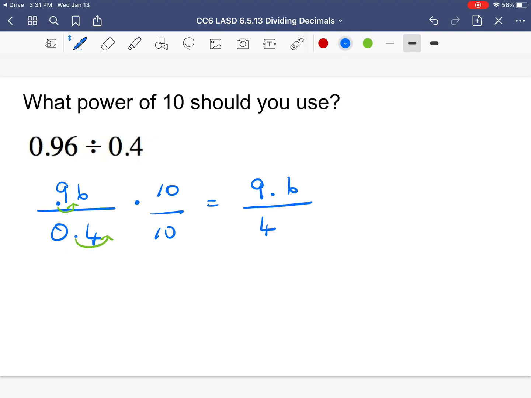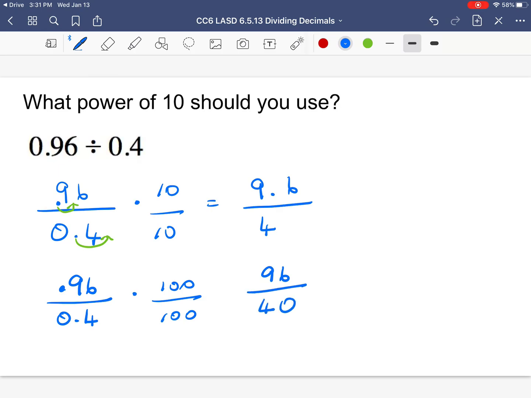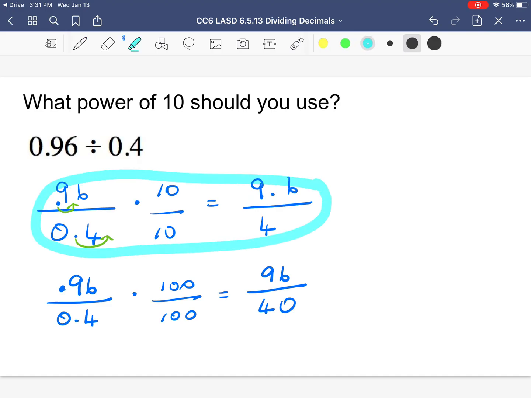If we were to multiply both by 100, we would have 96 divided by 40, and that would also work. So we could use either, but the easier one to use is the first one, where we multiply by 10, because the numbers are smaller, so it's a simpler problem to work with.